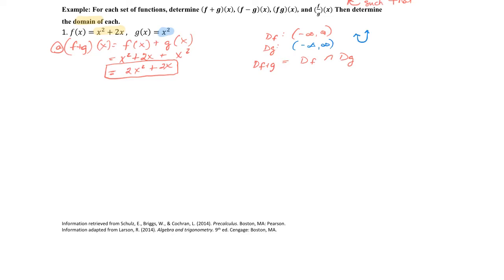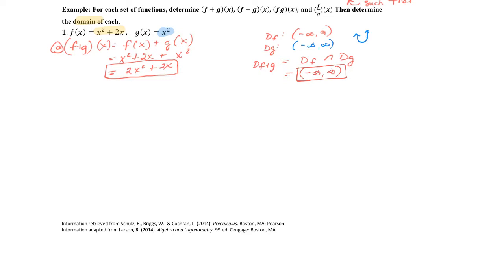All right, so now the domain of the combined function, which is 2x squared plus 2x, is the domain of f intersection with the domain of g. Well, I just look at the restrictions for f and look at the restrictions for g, and that gives me the combined domain. Well, there are no restrictions on f or g, so the answer is negative infinity to infinity. And that is the domain of f plus g.